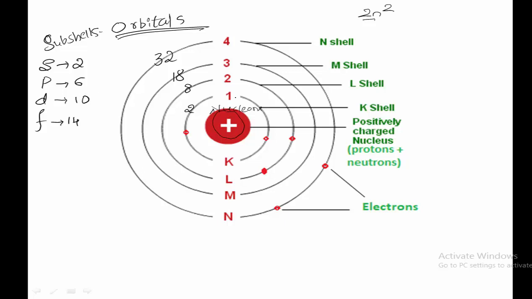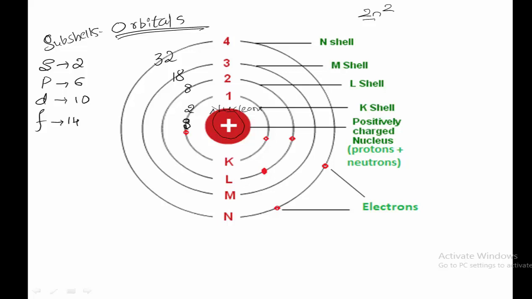So now in the first shell, there are maximum 2 electrons present, and if there is a presence of 2 electrons, then they get easily occupied in the S subshell.